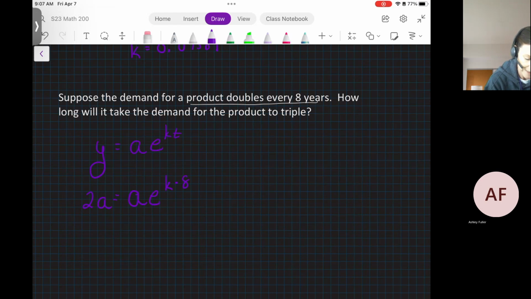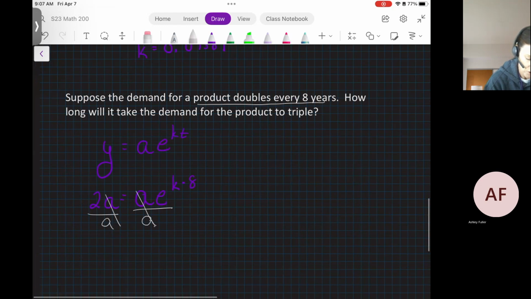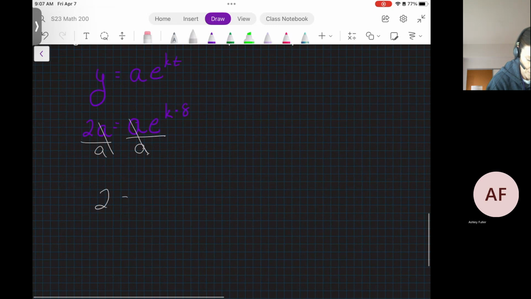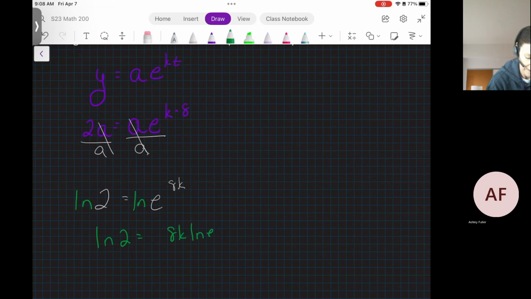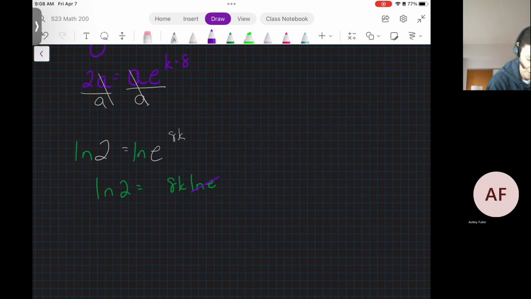So when we go through and calculate here, solving for k, we're going to divide both sides by a, giving us 2 equal to e to the 8k. Again, taking the ln of both sides, I end up with the ln of 2 is equal to 8k ln of e. That ln of e can be disregarded because it's equal to 1.